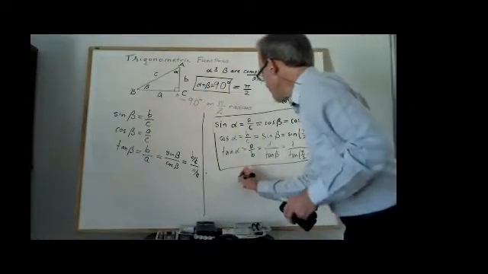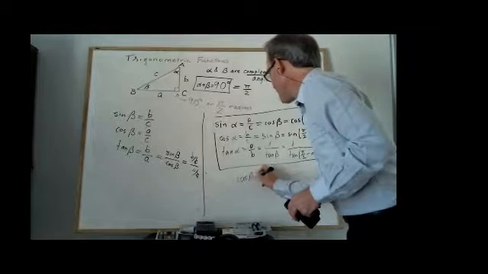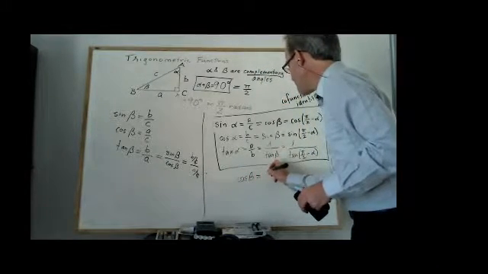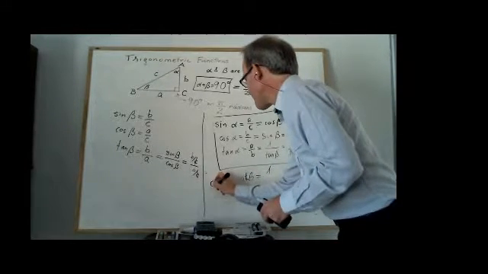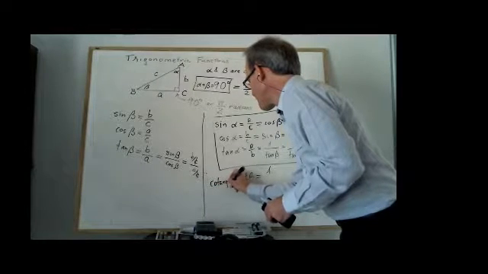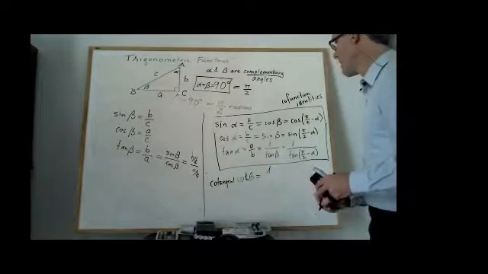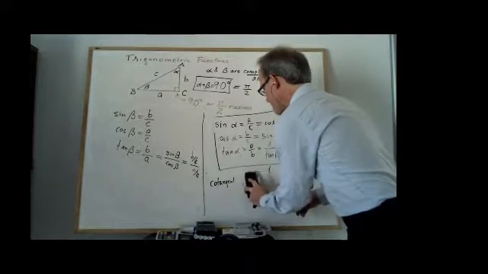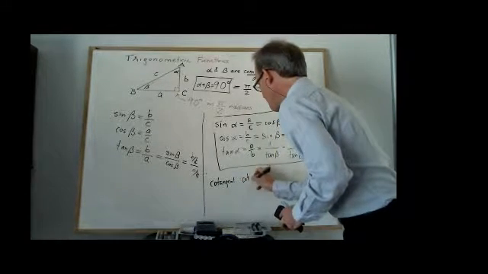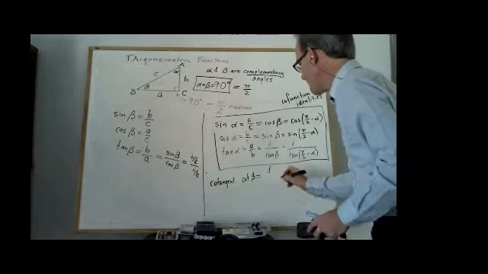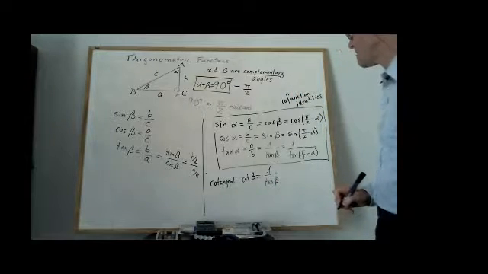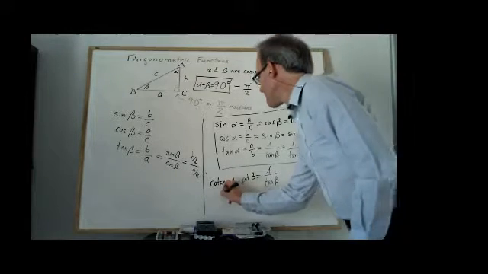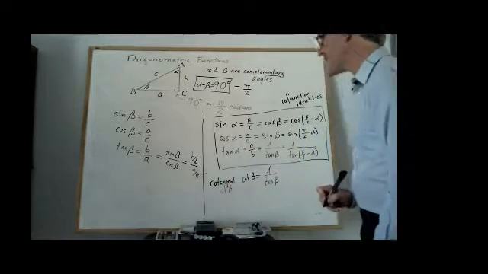So the cotangent of this angle beta, or of any angle beta, is written like this, but it's spelled cotangent. So cot beta is simply 1 over the tangent of beta. So that's the cotangent function.